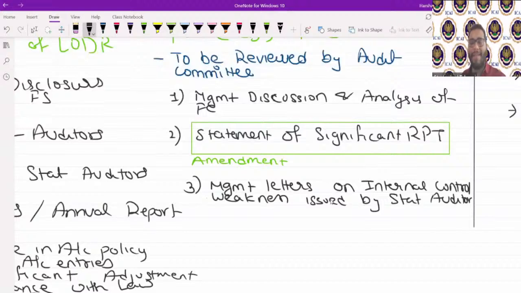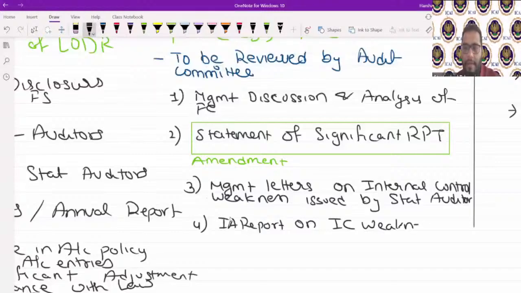So, if any letters have been issued by the statutory auditor to management on internal control weakness, then these are required to be reviewed by the audit committee. Fourth, internal audit report on internal control weakness.